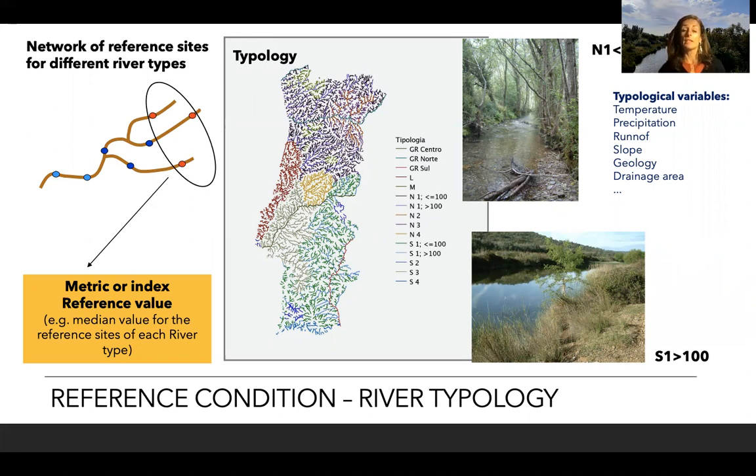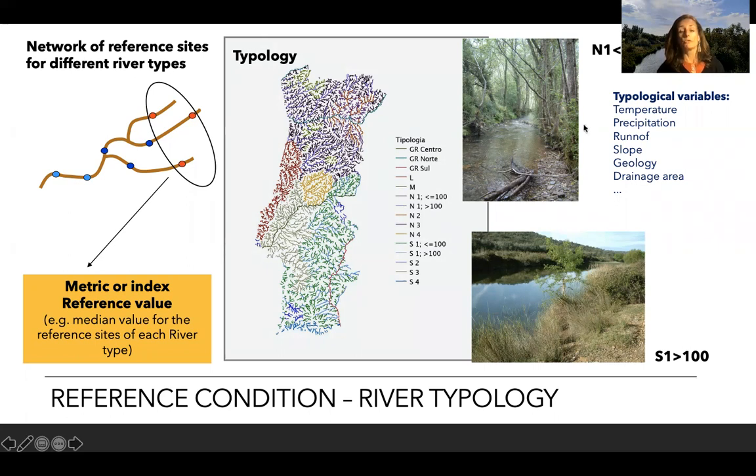And after that, for each of these river types, we used the values from the samples collected in these river types, analyzed their EQRs, and calculated a median value of these EQRs for a given type. And that's what we use nowadays as a reference value for a metric or an index.